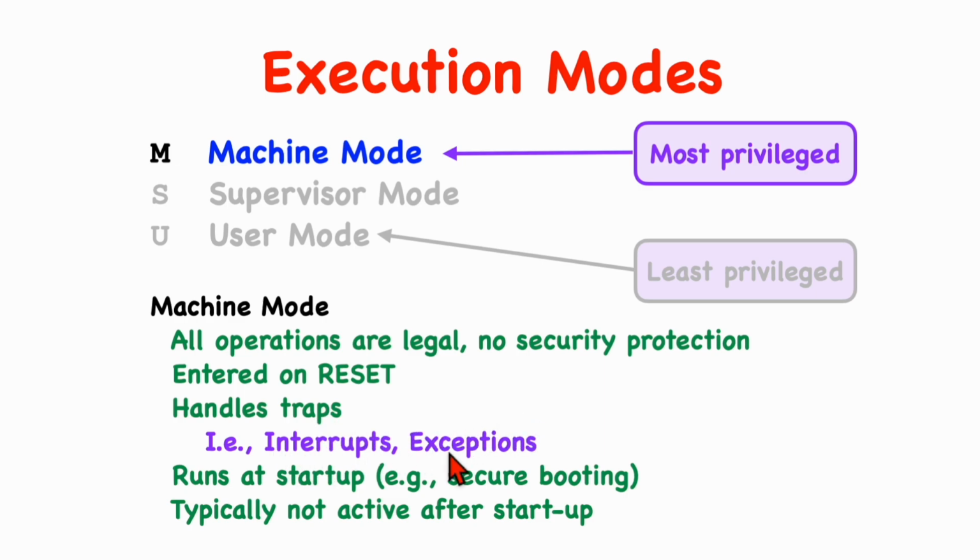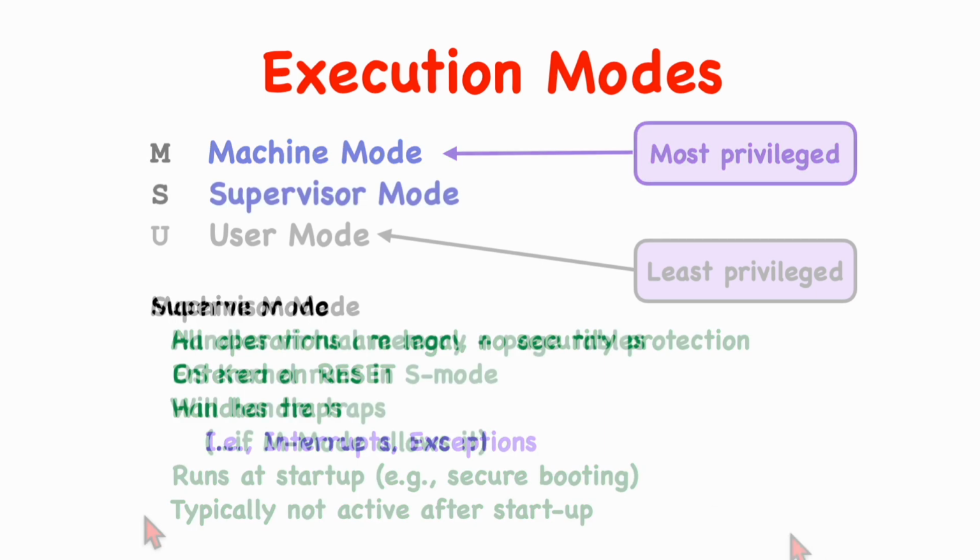And by traps, I mean interrupts and exceptions. So the code at startup runs in machine mode and performs initialization, sets up the interrupt system, and does secure booting if that's implemented. And then the code would transfer to code that runs in supervisor mode and would typically not be used after startup.